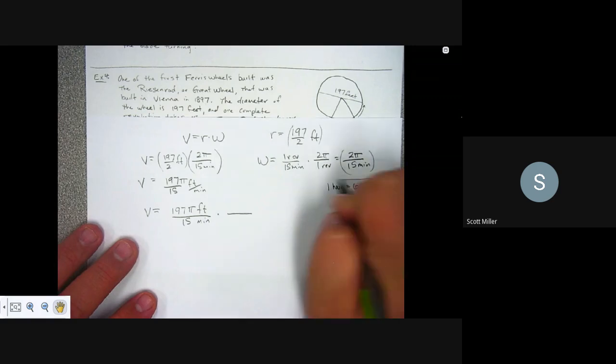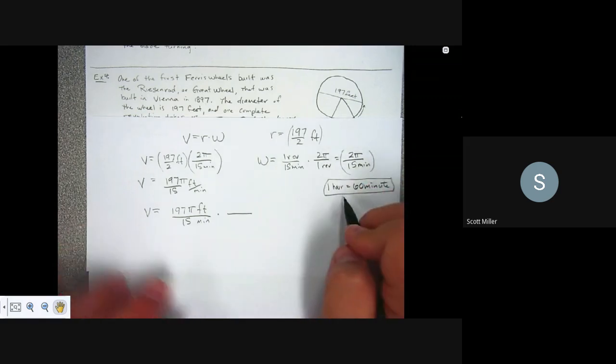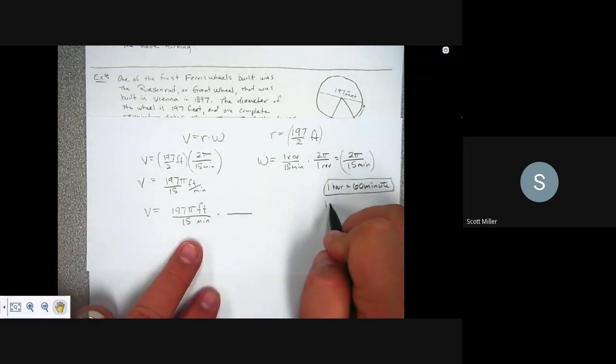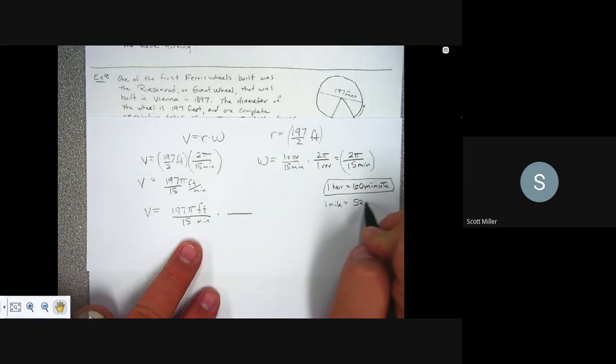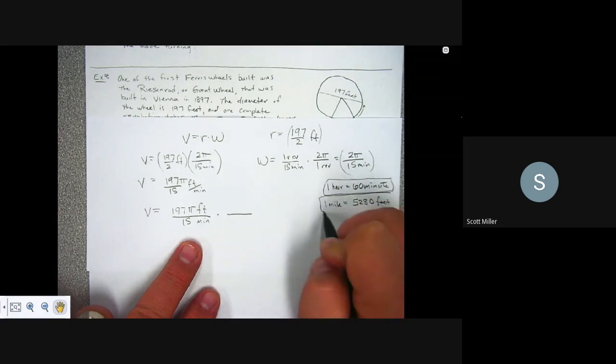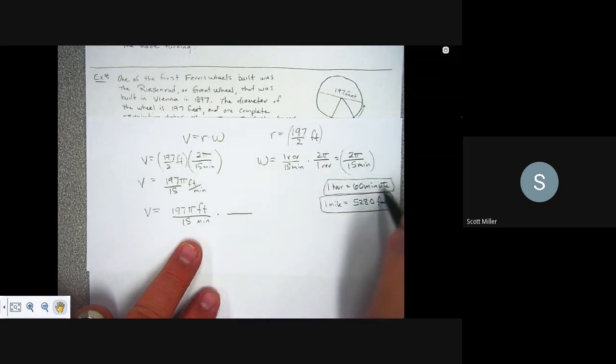So that's one of our conversions. And then this is one you may not know. 1 mile is 5,280 feet. And you're going to want to remember these. These are your common ones. You should know these. So make sure you know these conversions.